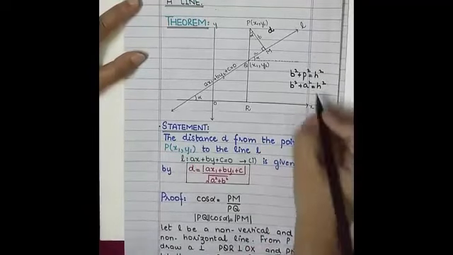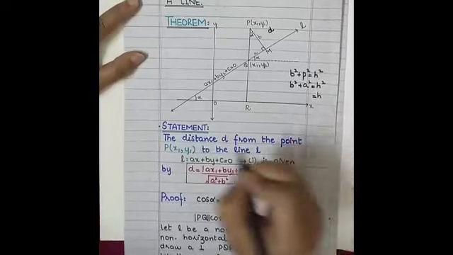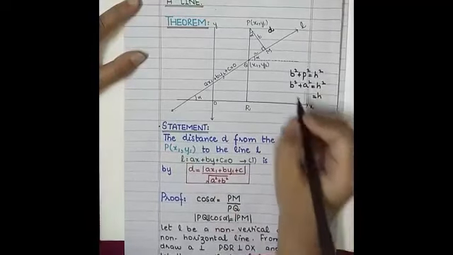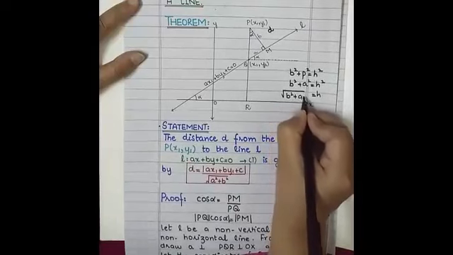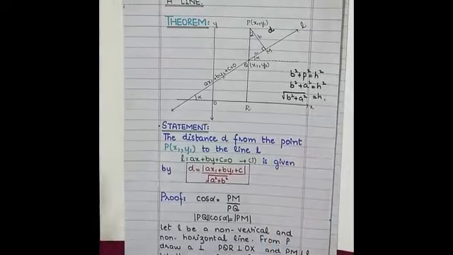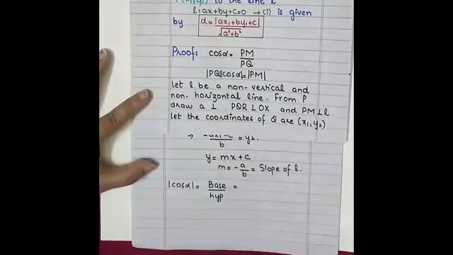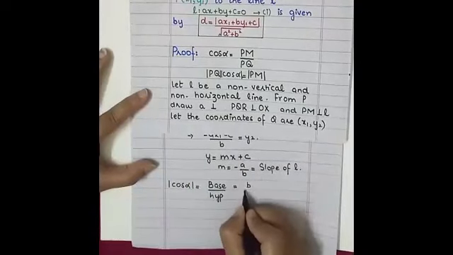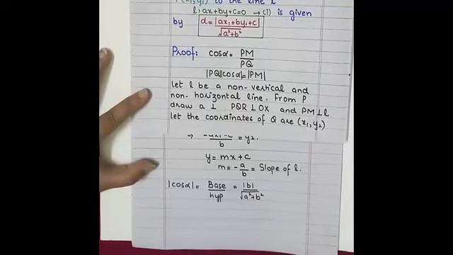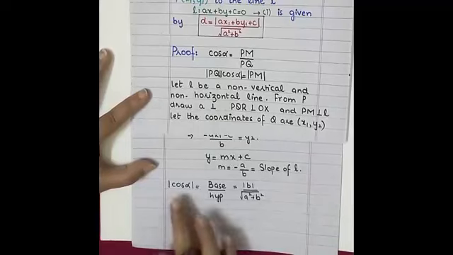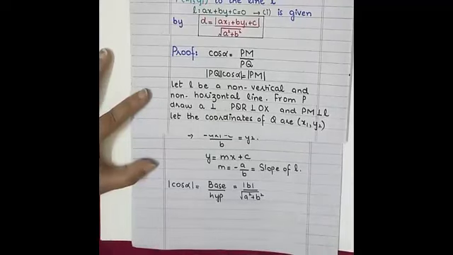Taking the square root, the hypotenuse is the square root of a square plus b square. So putting the values in the formula, cos alpha is equal to b over the square root of a square plus b square.